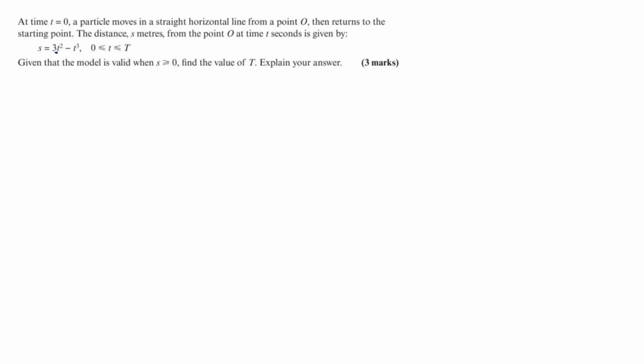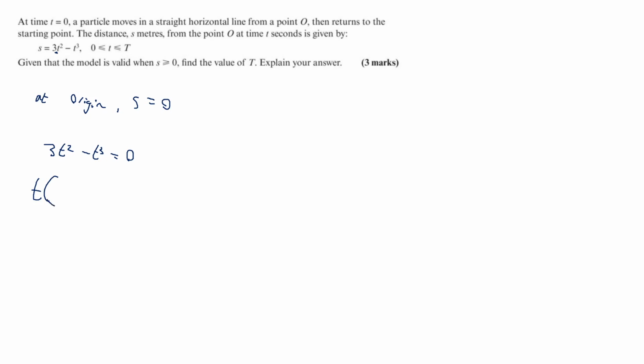So, at the origin, s is equal to 0. And what we're looking for is the point at which it returns to the origin. Okay? So 3t squared minus t cubed is equal to 0. So what we can do is factor out t.